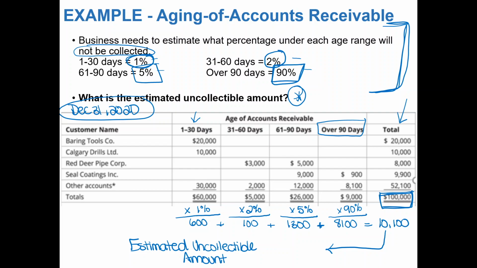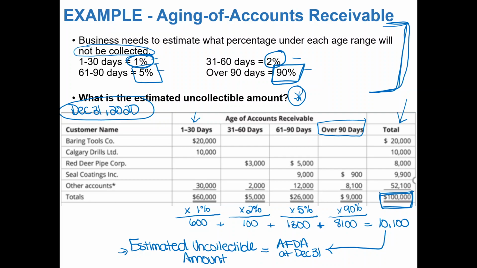When we think the estimated uncollectible amount, we set that up as that allowance, the AFTA account. So this equals the AFTA that we want at December 31st. That is the balance that we want as our target in the AFTA account at December 31st, 2020.